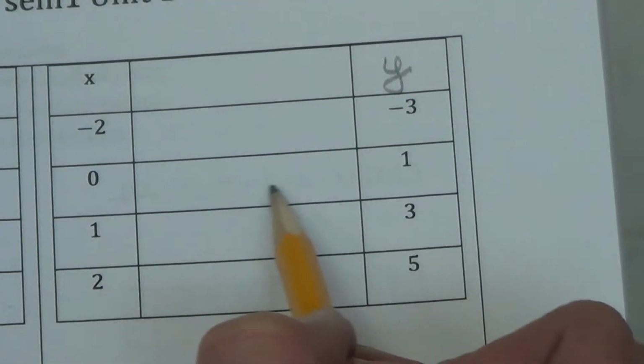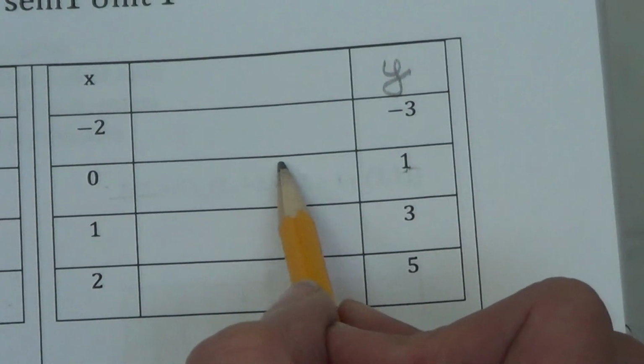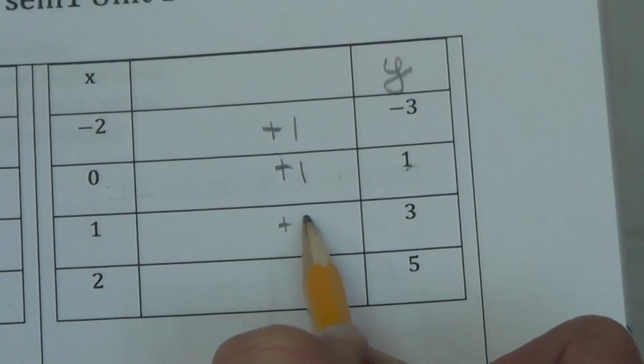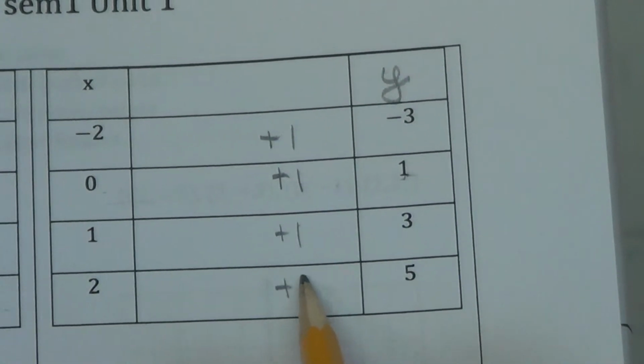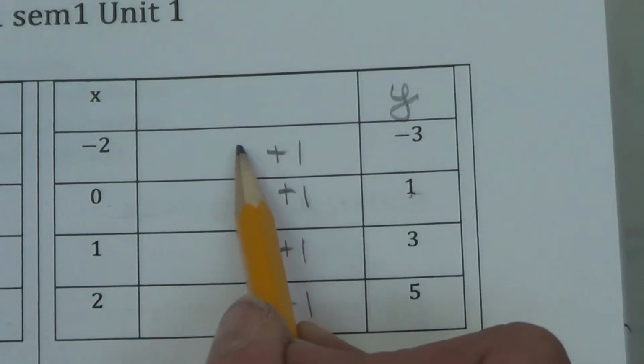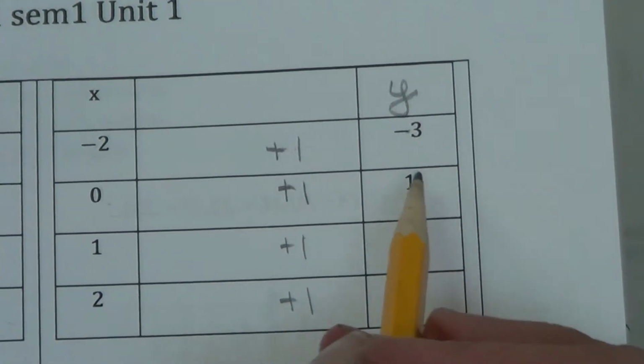Go to my 0 line. I'm adding 1 to 0 to get that 1. So I write +1 in all the lines. Now I ask myself, what do I need to add to 1 to get to -3? Well, I don't need to add anything.